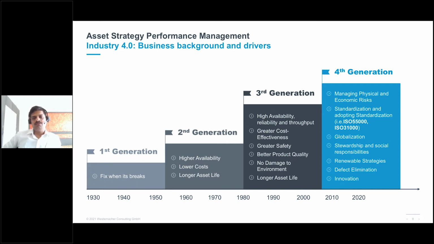And the ISO standards, like 55000 for asset management and 31000 for risk management, are like a guideline for the industry to adopt that standardization. But the question here is that these ISO standards guide us on what is to be done, but how to do it is a separate question. From a globalization point of view also, people are now using web-based services and interacting with their business partners or manufacturers across the globe.